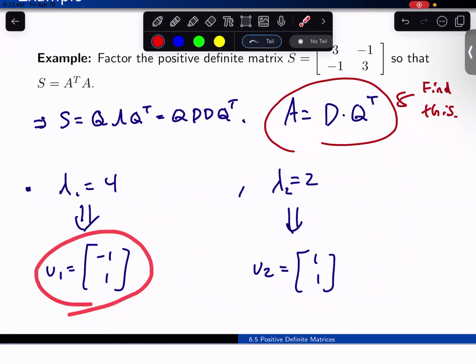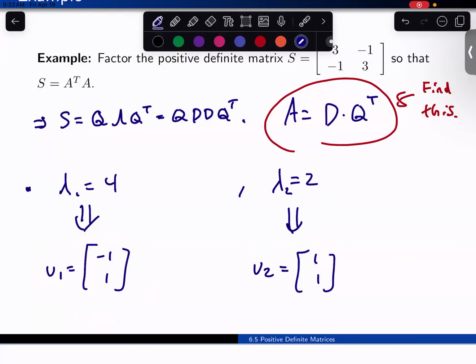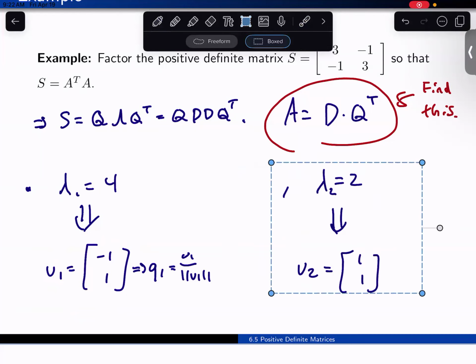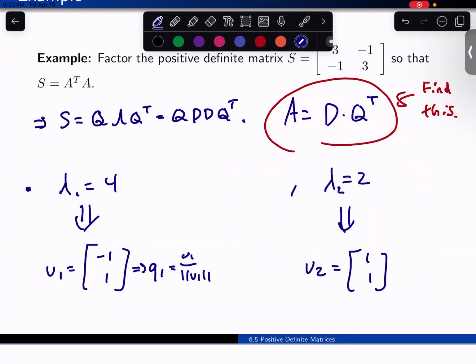So you take these vectors and then you normalize them. So you take V1 and you write Q1 equal to V1 over the length of V1. The length of V1 is just the square root of 1 squared plus 1 squared, which is the square root of 2. So this is 1 over the square root of 2 of minus 1, 1.